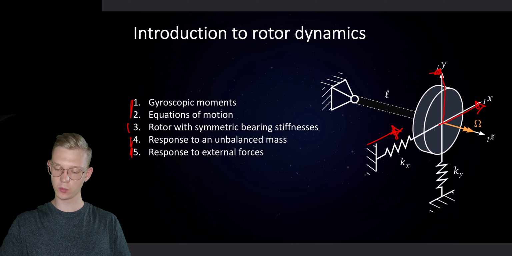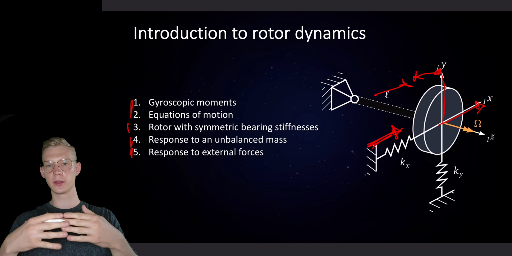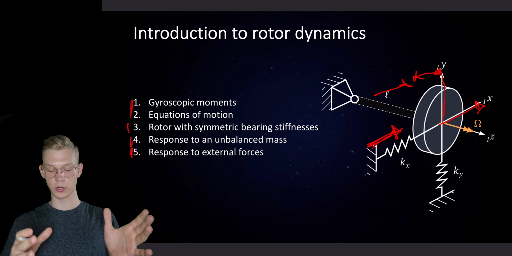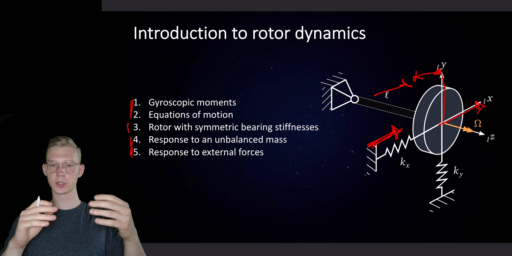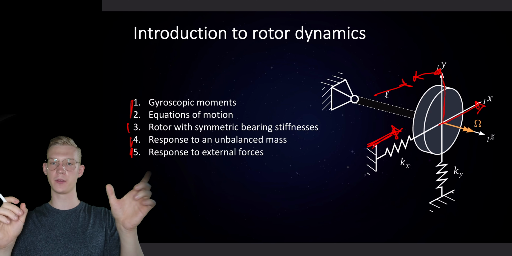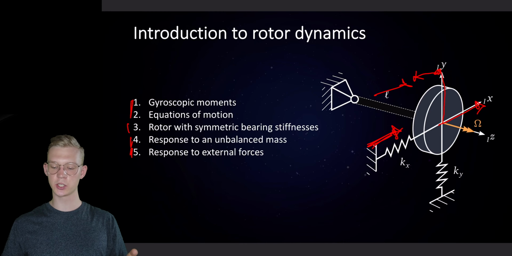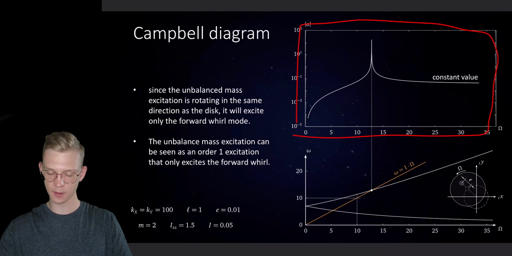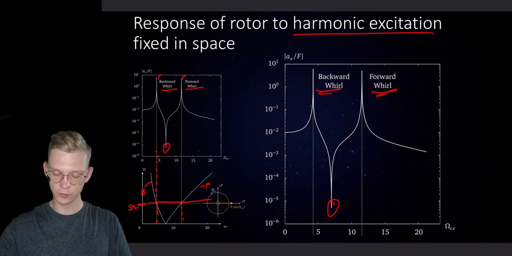And if it moves up, it will then try to move in the other direction. But the excitation force will cancel the moment of our gyroscopic moments. So the force of the excitation and the gyroscopic moments will cancel each other out. And in this scenario, our system moves only up and down in the y direction.